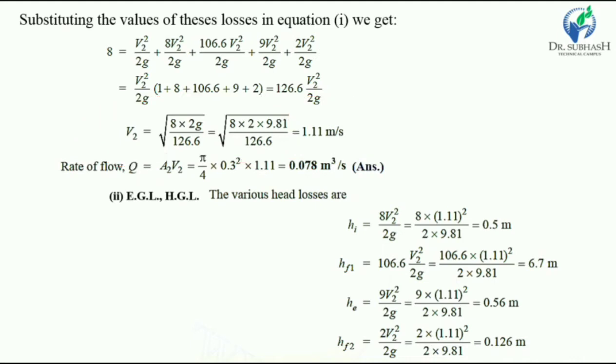Now the rate of flow Q is equal to A2 V2. We know the area A2, and the velocity V2 at section 2 or outlet is 1.11 meter per second, so we finally get the discharge: 0.078 meter cube per second.